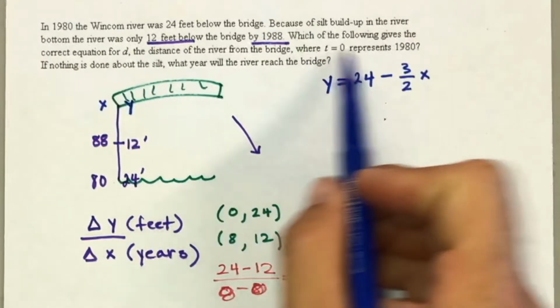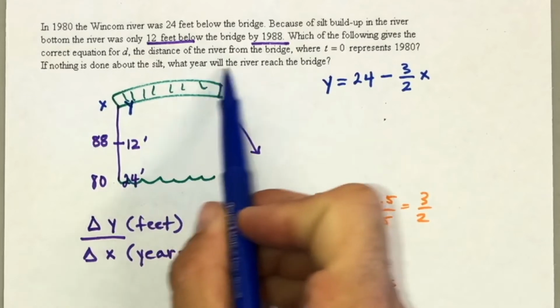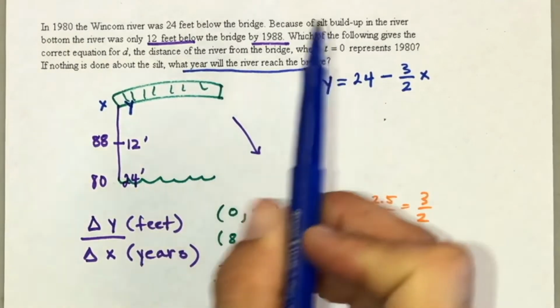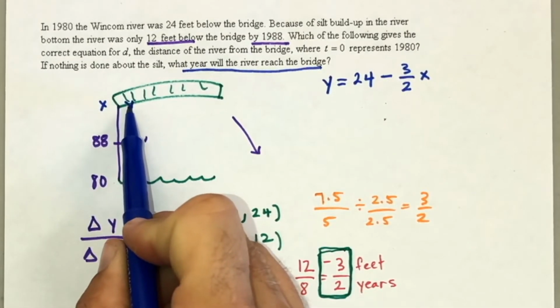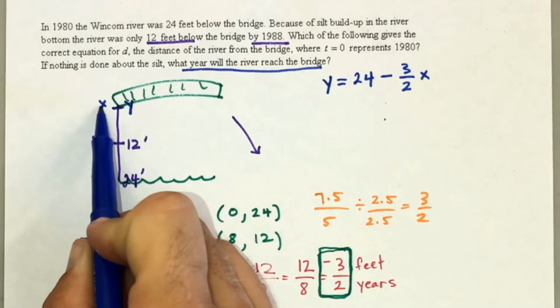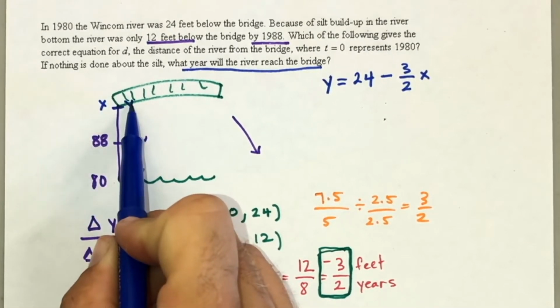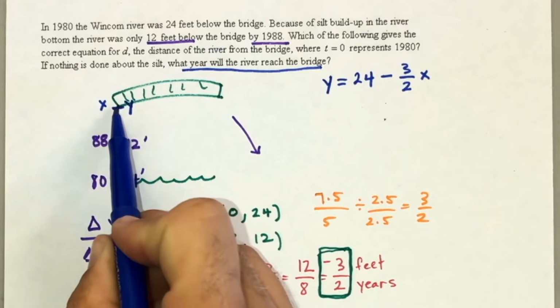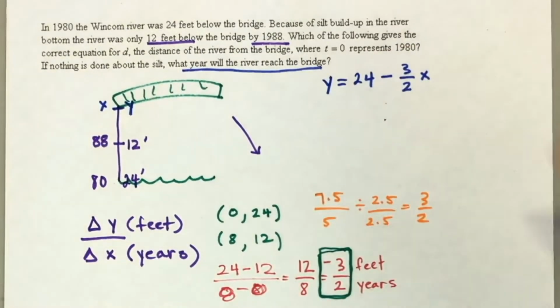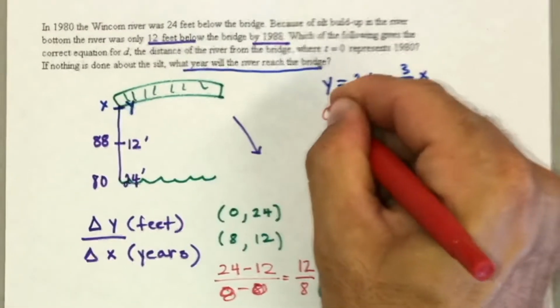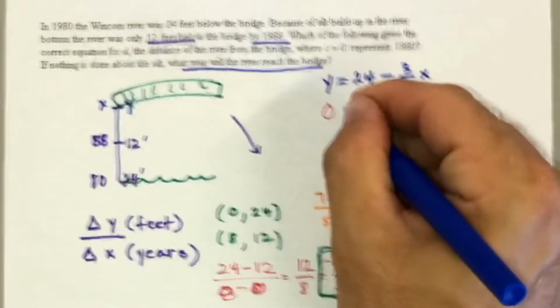And in the question, they want to know, if nothing is done, what year will the river reach the bridge? So when the river, what year here, x, will the y be what? If the river has now reached the bridge, your y is 0. It's at 0 feet.